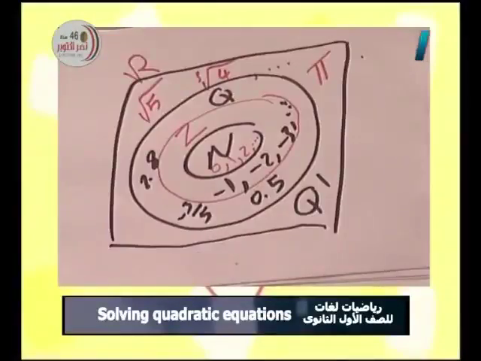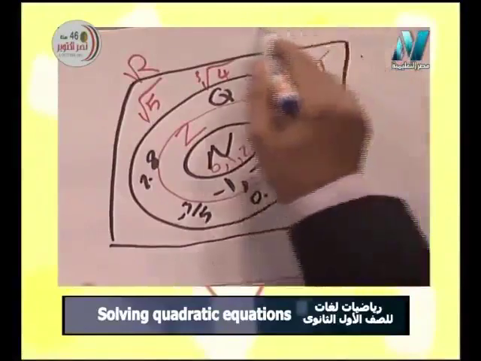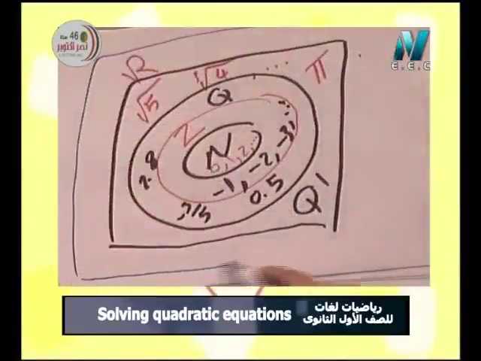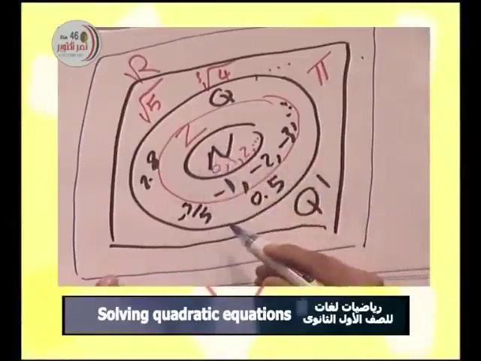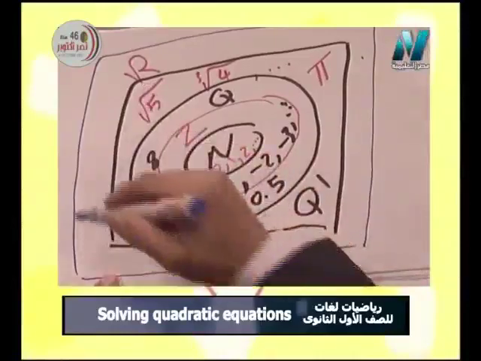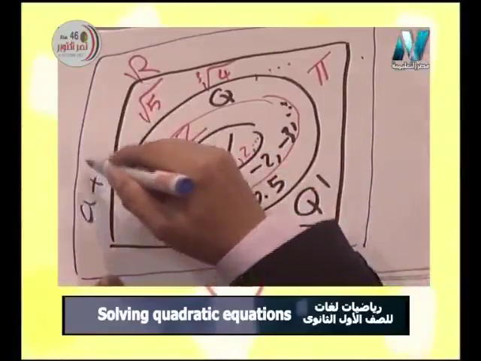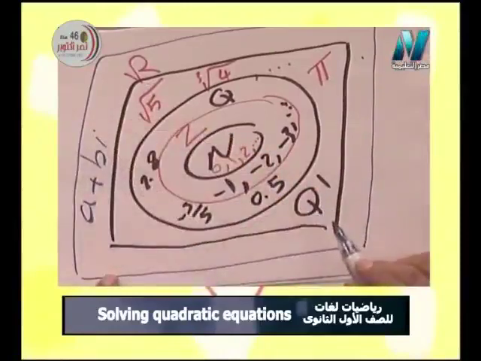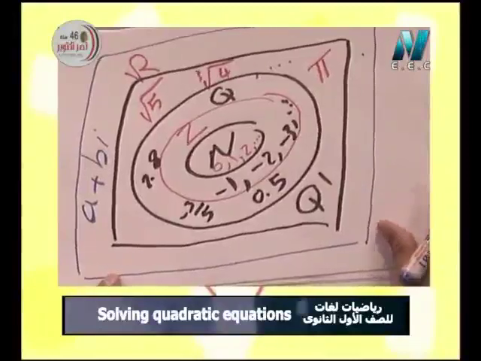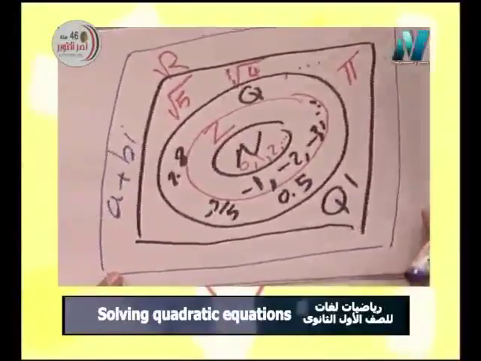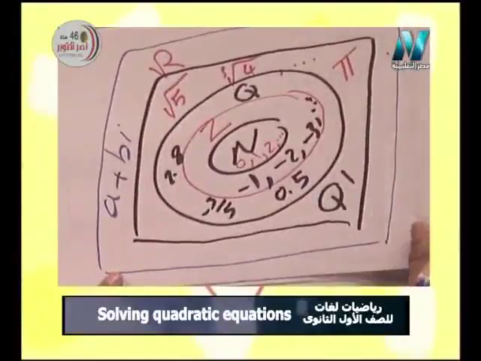But now in secondary school we will study a new set of numbers which already contains the real numbers. We call it C, as a plus bi. What is a plus bi? We are going to study the complex numbers and the definition of it.